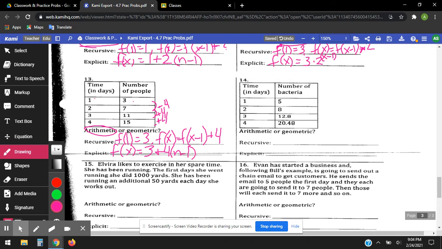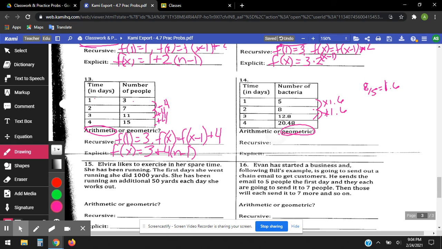This one, not as straightforward, but I can see it's not a plus 3 each time. So I'm going to take 8 divided by 5 and just see what I get. I get a 1.6. I take 12.8 divided by 8, I also get a 1.6. So times 1.6. That is geometric.